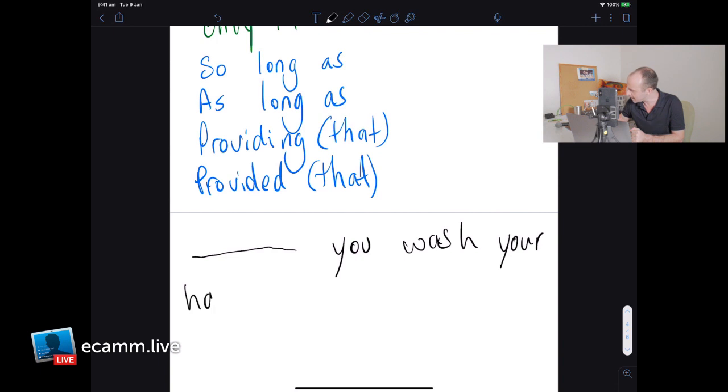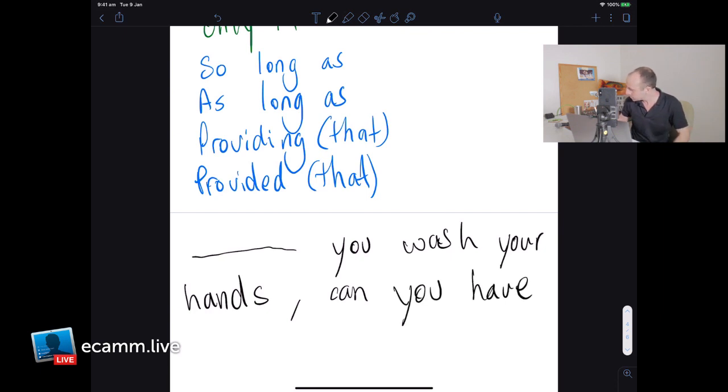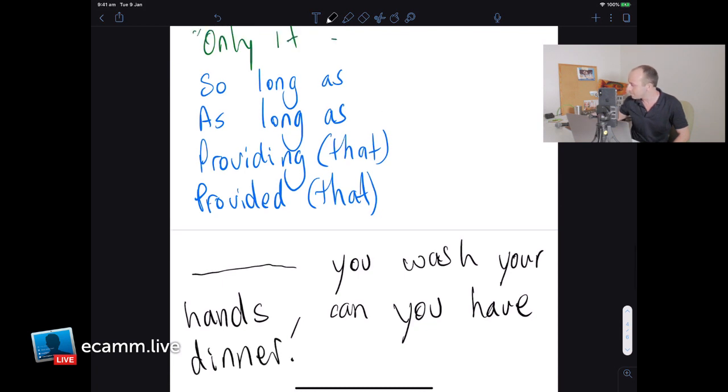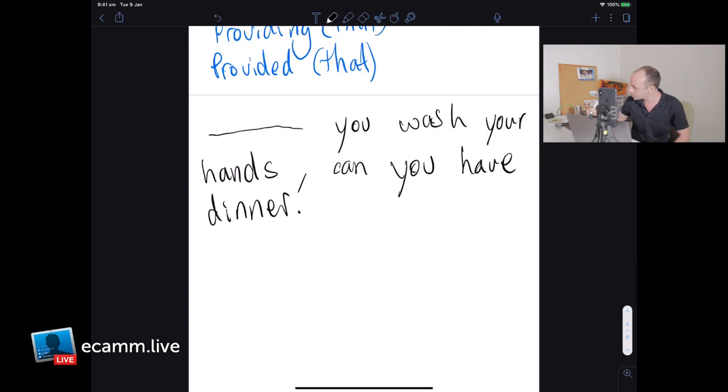We should put wash hands because it's super important at this moment of coronavirus. It's important to wash your hands. So, all right. This is something I might say to my children.